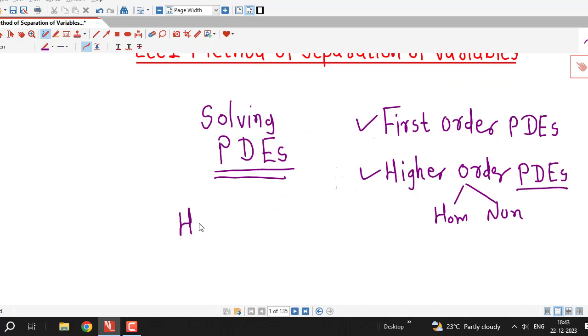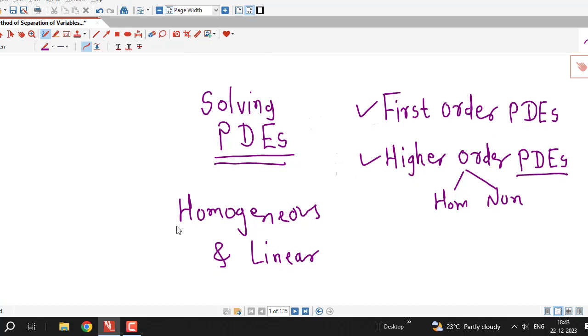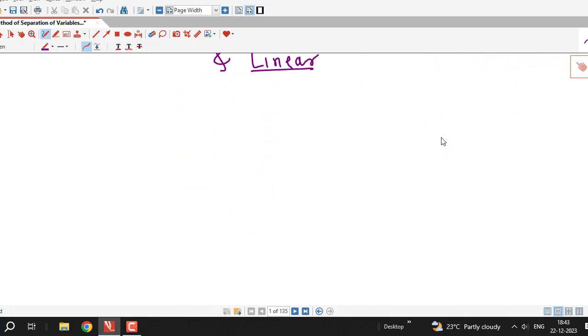So here we assume that for this method the partial differential equation is homogeneous and linear. We have discussed the meaning of homogeneous and linear partial differential equations in the playlists of first order as well as higher order partial differential equations.